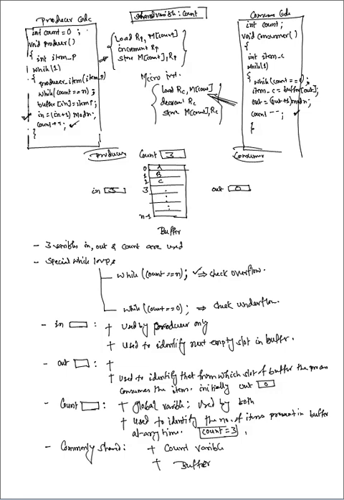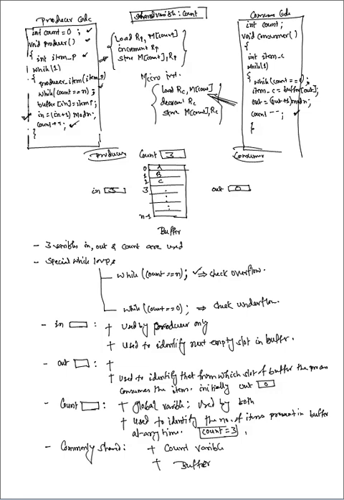Initially there are no items in the buffer, that's why count equals 0. Now we have a producer process, so we have an integer item p. If it is true, meaning the producer wants to execute the code or produce an item, first it checks whether the overflow condition occurs or not.